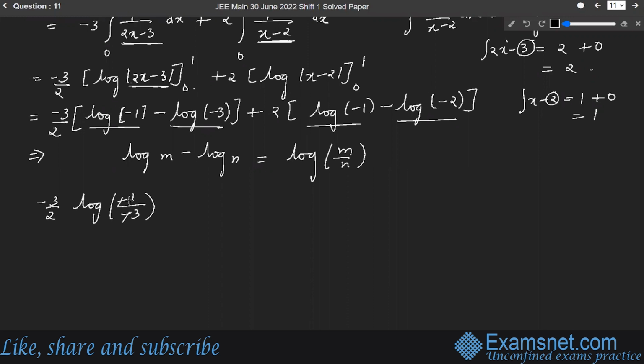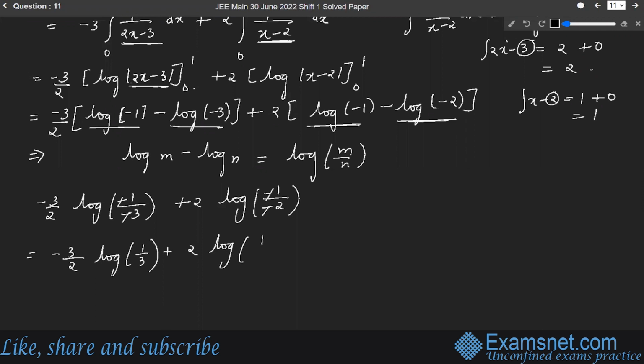Minus and minus will be cancelled. Plus 2 into log minus 1 minus log minus 2. It is in the form of log m minus log n, so it will be log m by n. So log minus 1 by minus 2. Again, minus and minus will be cancelled. So this will be equal to minus 3 by 2 log 1 by 3 plus 2 log 1 by 2.